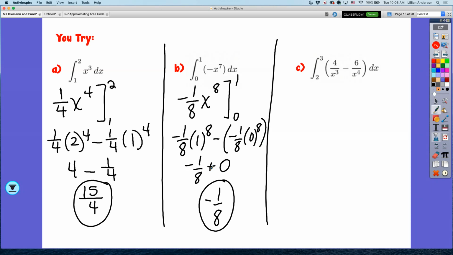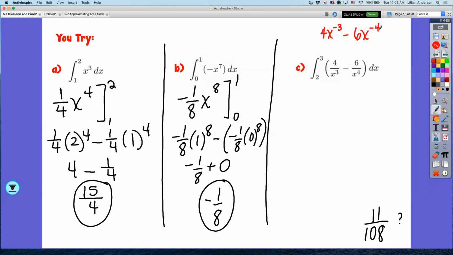Oh, I think I got 11/108. I don't know if that's right. Well, let's see. Remember, you need to make sure they're in the form of a power before you start taking the antiderivative.